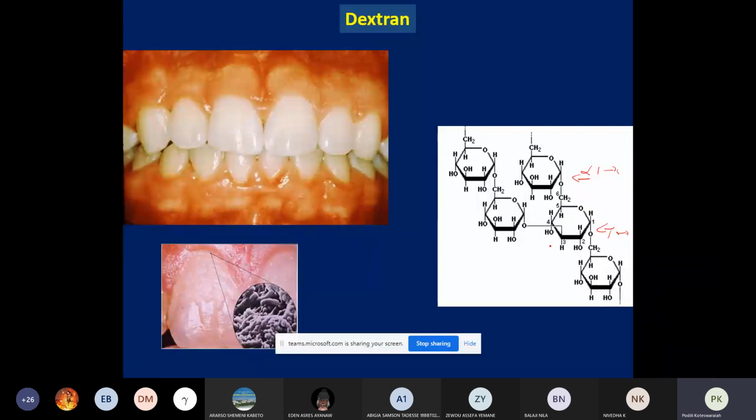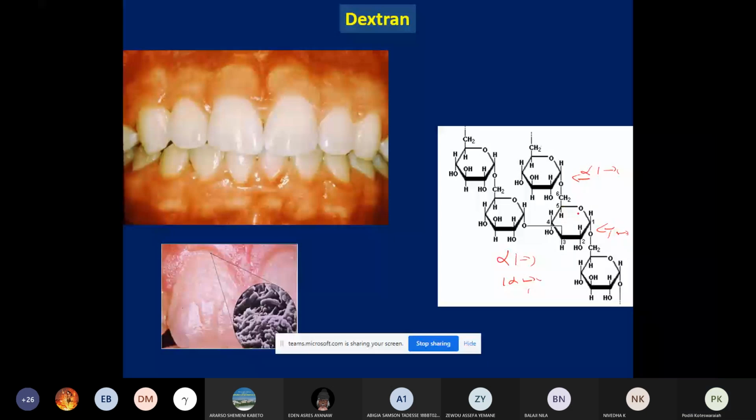The branch points are present at alpha 1,3 or alpha 1,4. So it is a polymer of glucose with alpha 1,6 linkages, with branching either at alpha 1,3 branch points or at alpha 1,4 branch points.